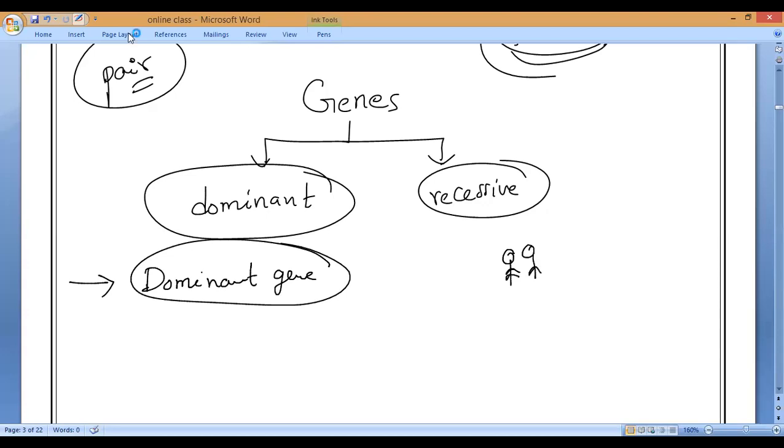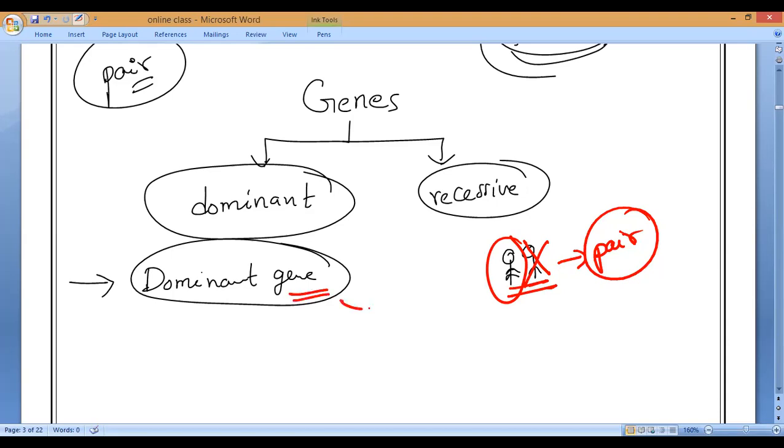One person can take decisions without asking or depending on the second person. Of course, they are staying as a pair, but there is no value for the second person. So that is called a dominant gene. A dominant gene is the one which decides the appearance of an organism.